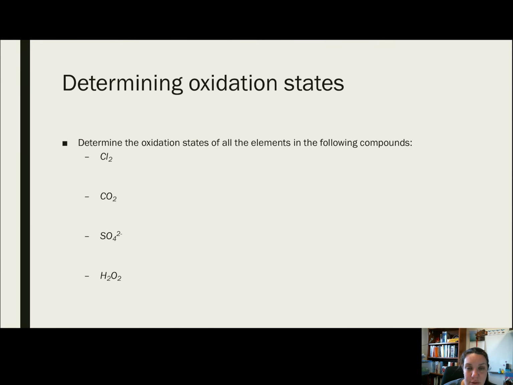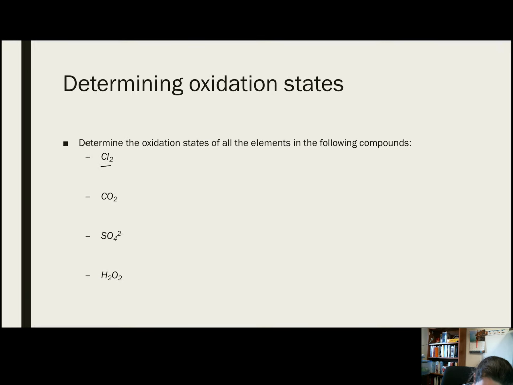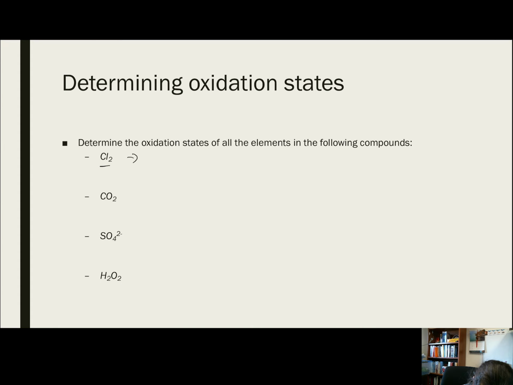We've got Cl2. Cl2 is in its elemental form, so Cl will be 0. CO2: oxygen is the thing that's going to take precedence here. Oxygen will be -2, and there are 2 of them, so this would be -4.